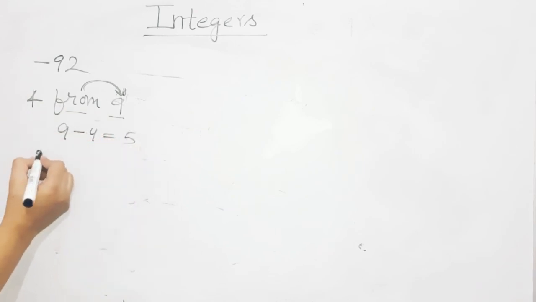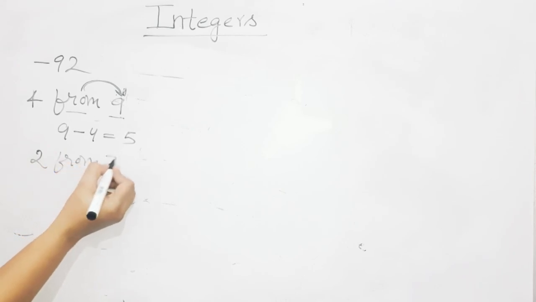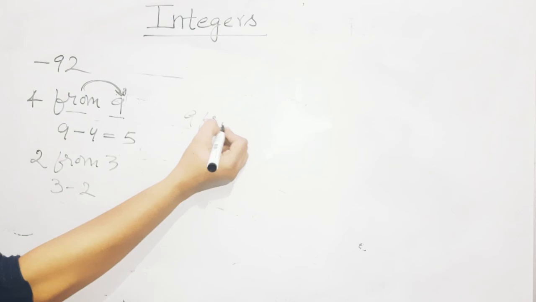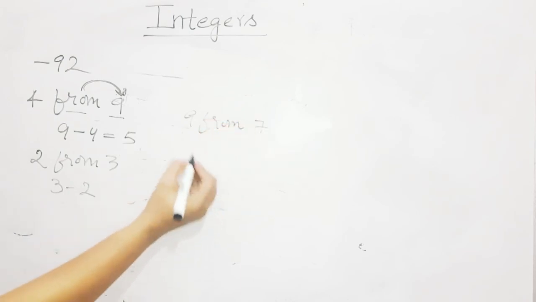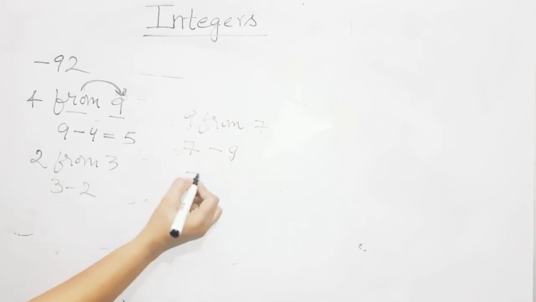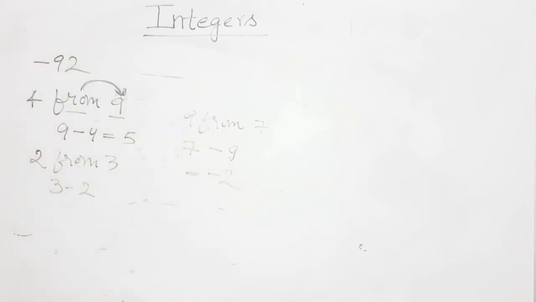If I am writing 2 from 3, तो 3 minus 2. If I am writing 9 from 7, so 7 minus 9 will be done. One negative, 1 positive, so -2 will be the answer, right? So this is how we are going to proceed with the subtraction of integer.